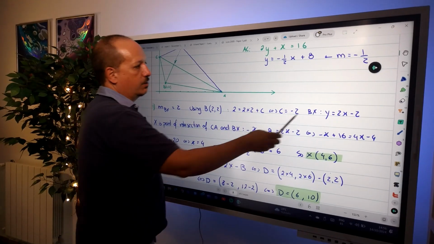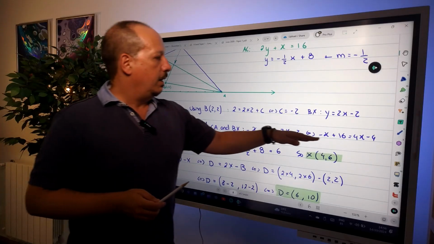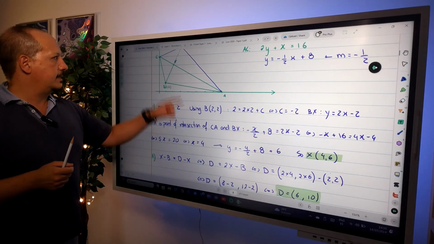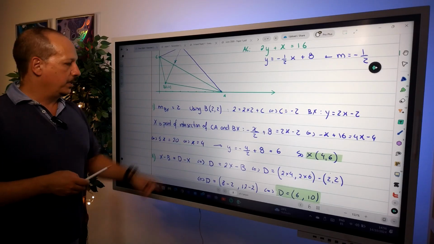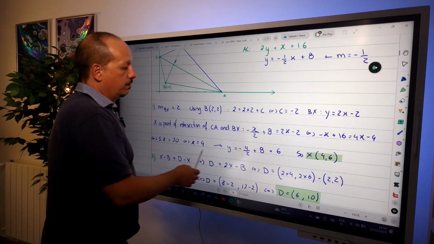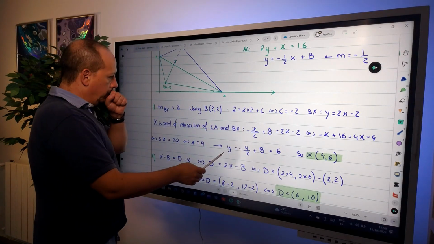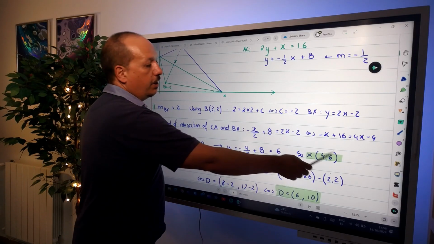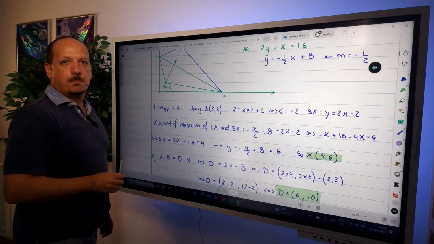And BX is the one that we just got. Equal one to the other. And eventually, we'll have the x coordinate of point X as being 4. Substitute it in one of those, and you'll get the value of y as being 6. So here you have the coordinates of point X is 4, 6.